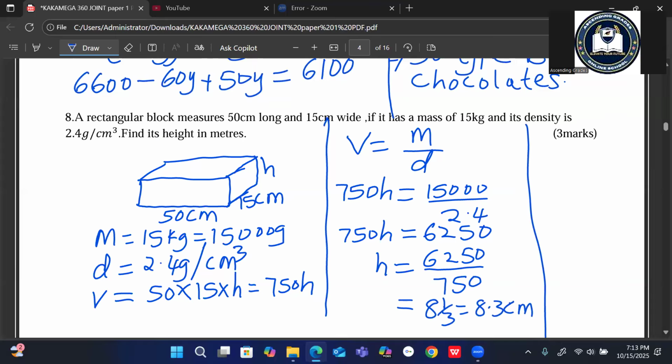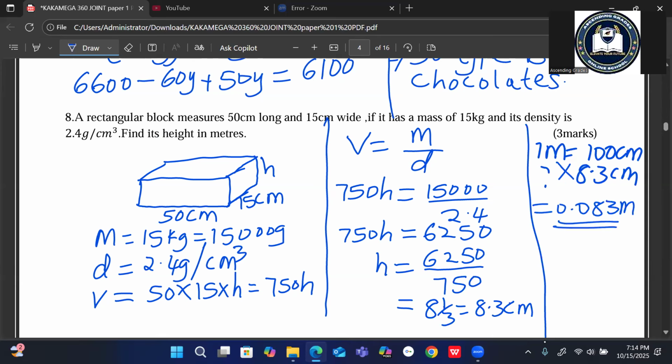We know that 1 meter is equal to 100 centimeters. So what about 8.3 centimeters? We cross multiply, and it will be equal to 0.083 meters. So that is the solution to that question.